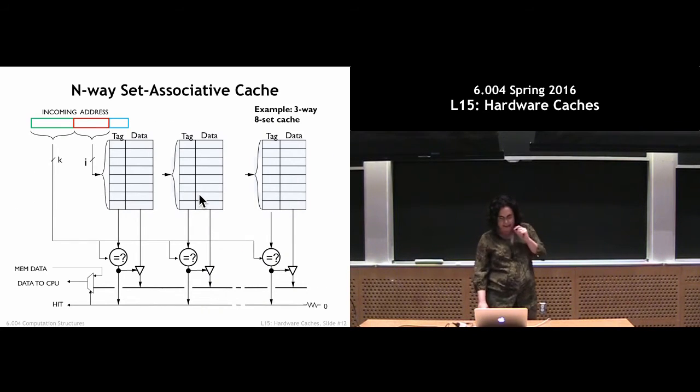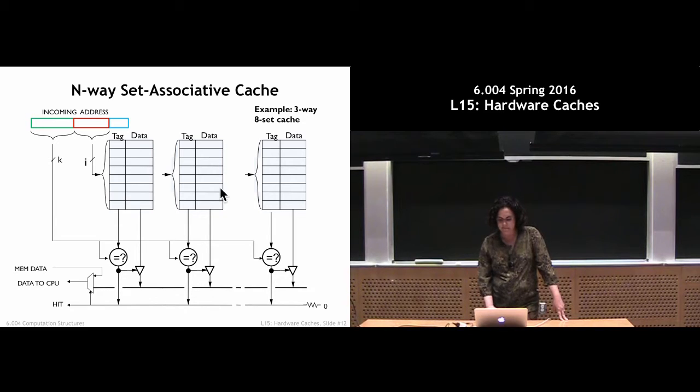All right, so let's take a look at an example. Here we've got a 3-way 8-set cache. Okay, so the 8 sets refers to these 8 lines in our cache, which means our index is going to be how many bits? 3, right? So 3 bits picks one of these sets.